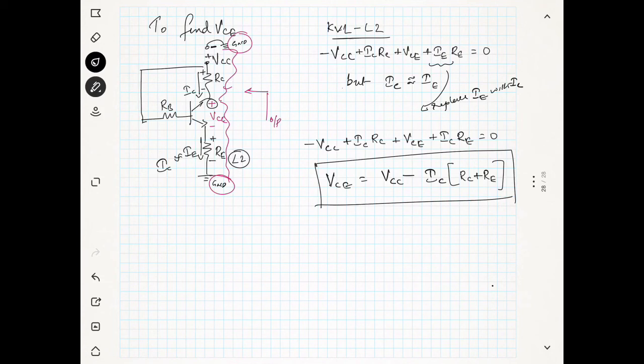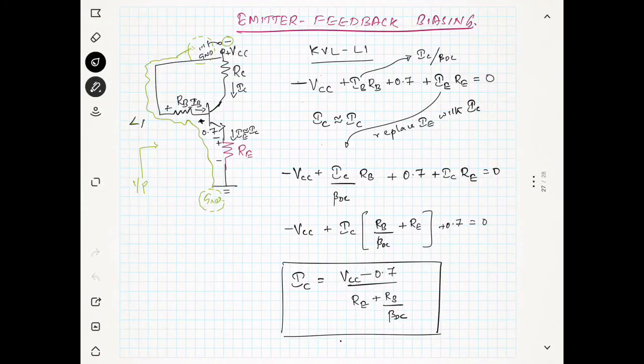So we will conclude the equations related to emitter feedback bias. What are the equations? At first we have discussed regarding IC.